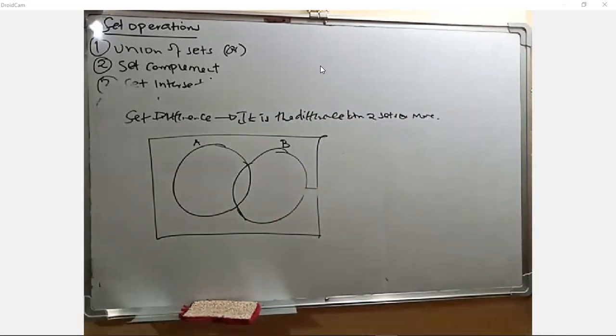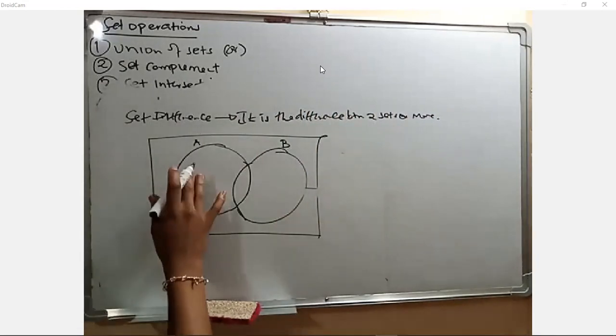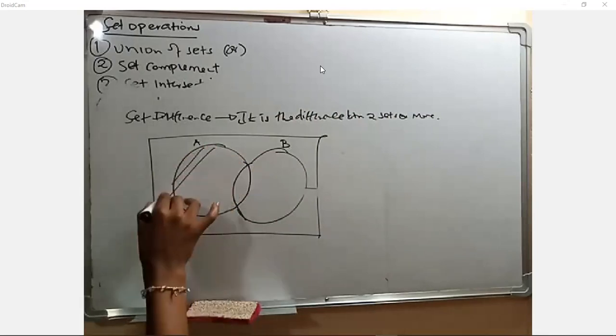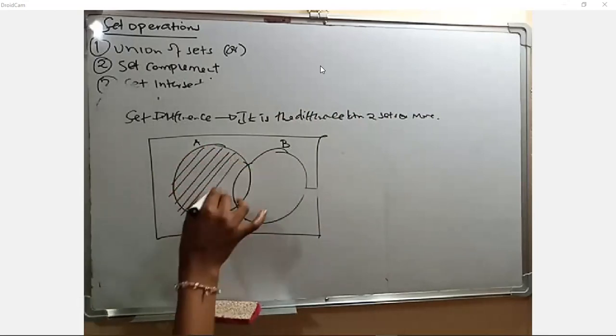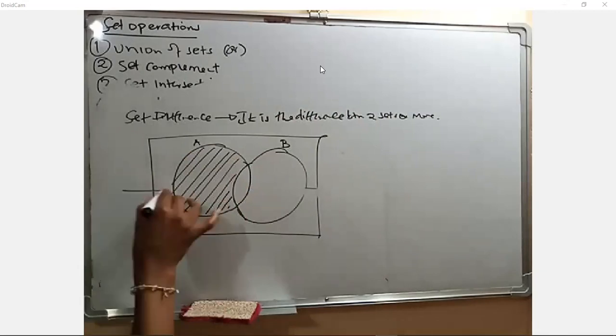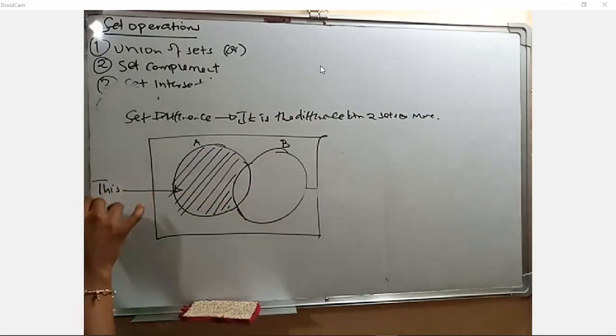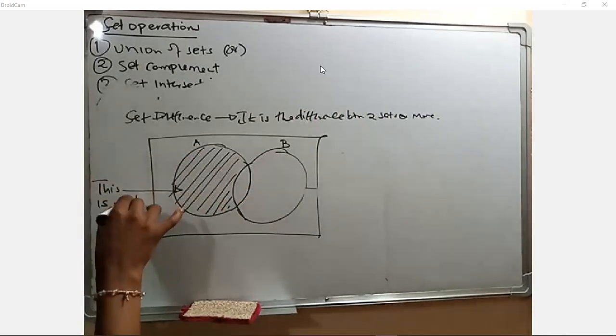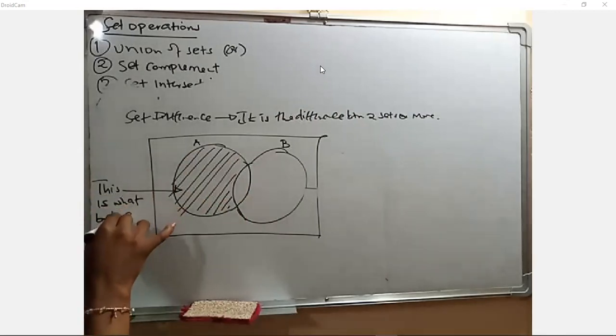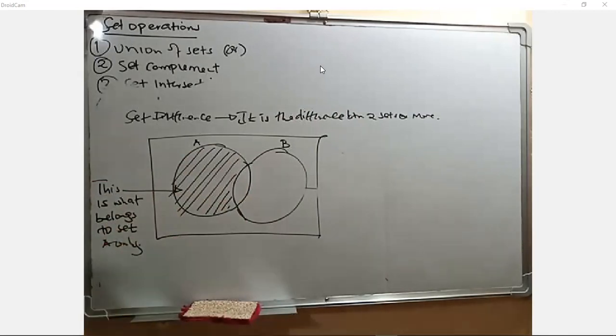When you shade, for instance, this side, it means what belongs to me. So this is what belongs to set A only. That is what we are discussing about set difference.